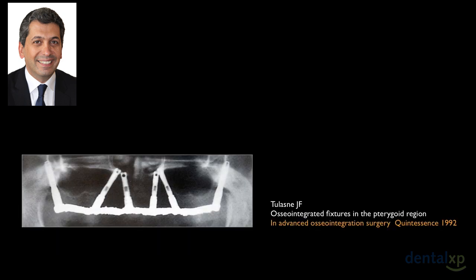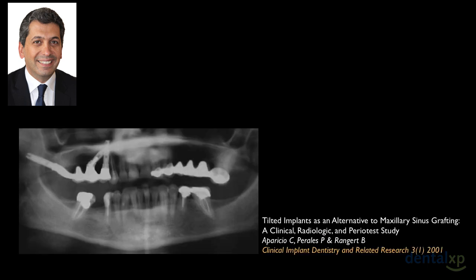We know that many years ago, like 1992, at that time I was still an oral surgery resident in Paris, they started talking about pterygoid implants. I know that some people are still doing pterygoid implants, but the idea behind those techniques was to avoid sinus floor elevations.